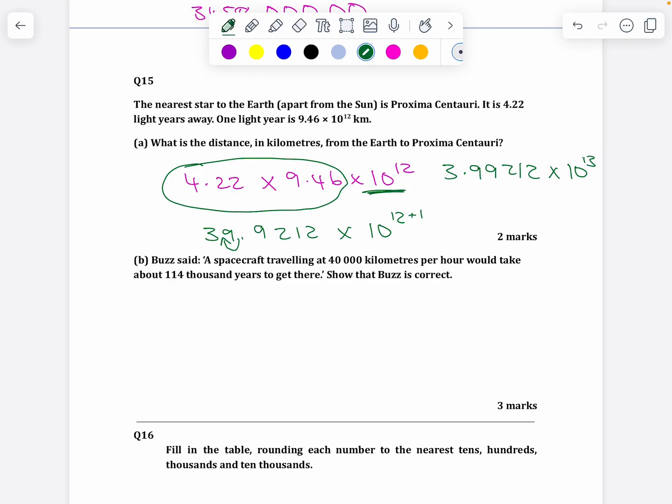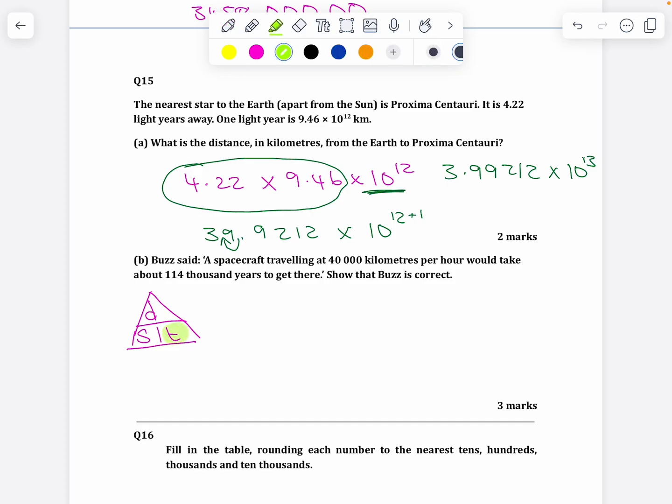Okay, next question says, show that Buzz is correct, that it would take 114 years to get there. Okay, so first of all, hopefully you all know your formulae triangles. So speed equals distance divided by time. In this case, we want to find the time.